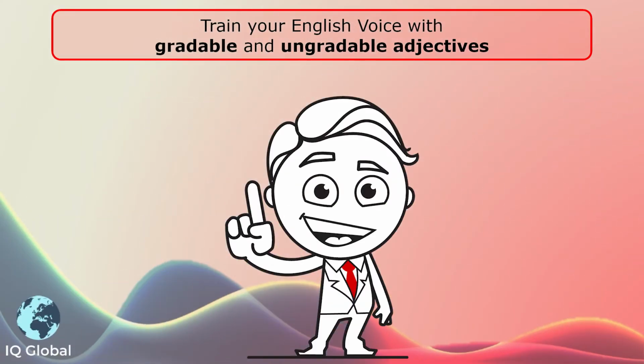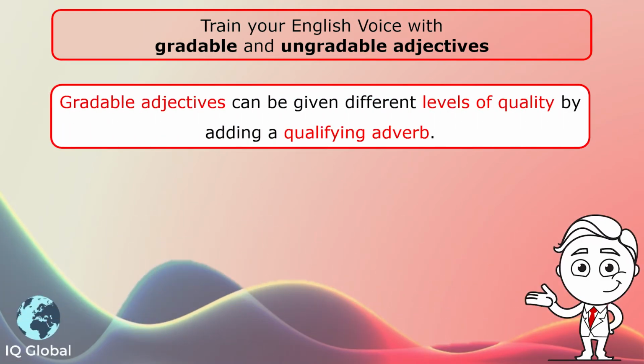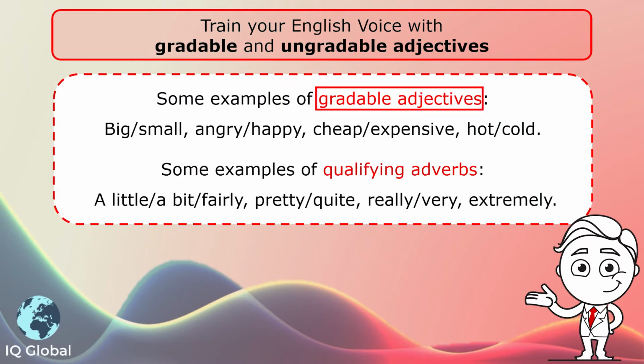In this section of grammar, we are going to look at gradable and ungradable adjectives. So what are they? Well, a gradable adjective is something that we can give a different level of quality, and we do that by adding a qualifying adverb before it. So we can change the quality of these adjectives.